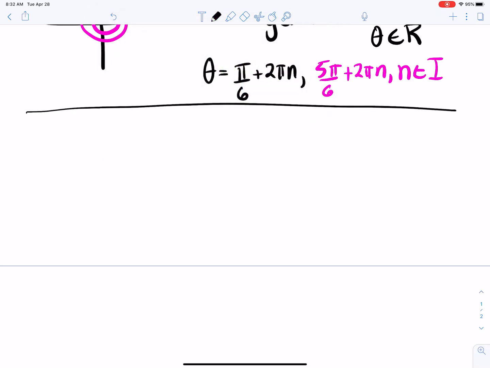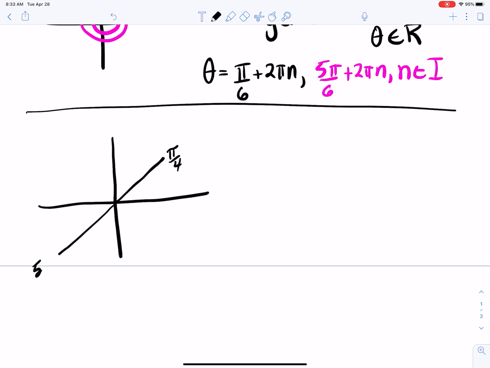One thing we have to be careful about, let's say I ended up with one more quick example before we get to the examples. Let's say I ended up with something like pi over 4 as a solution and 5 pi over 4 as a solution. Do you see how those two make an absolute straight line? How do I know that? Is they both have the same reference angle. This we have to treat a little differently.